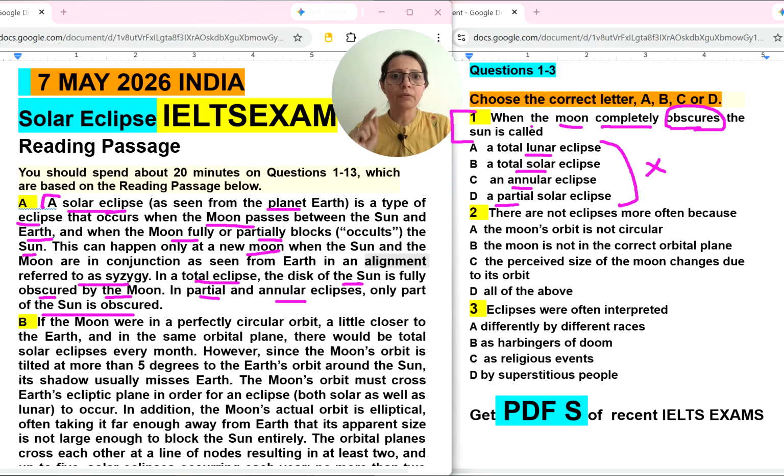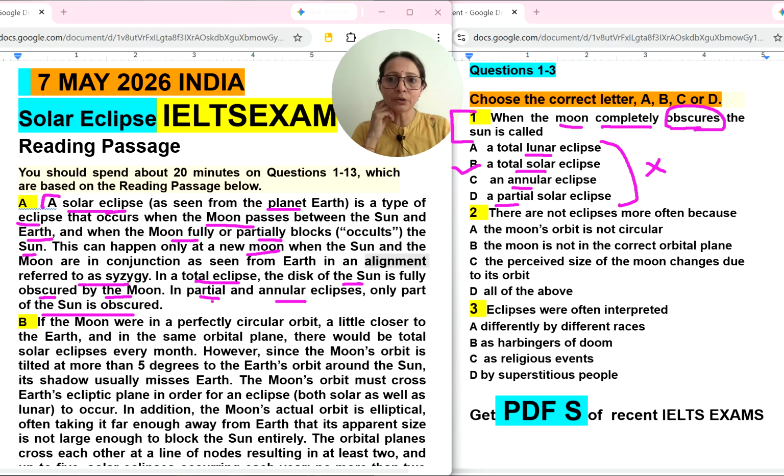When the moon completely obscures means fully covered by the moon. This is total eclipse. So they have started talking about solar eclipse, definitely we will talk about total solar eclipse. The answer will be total solar eclipse.